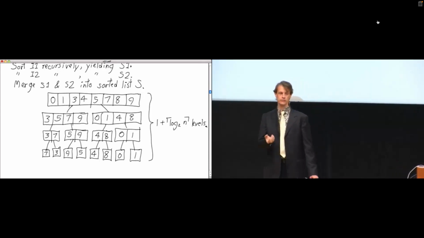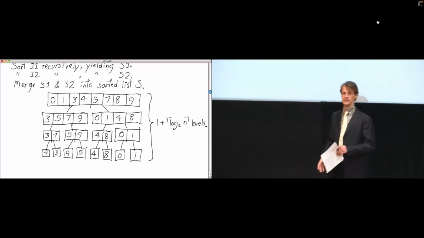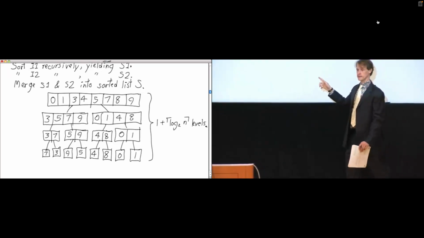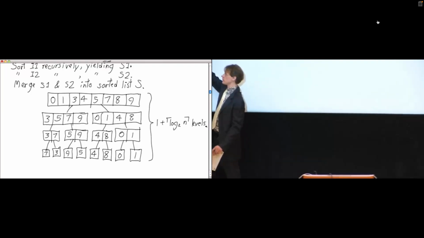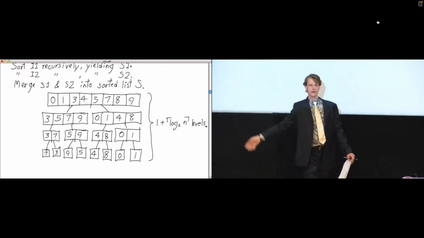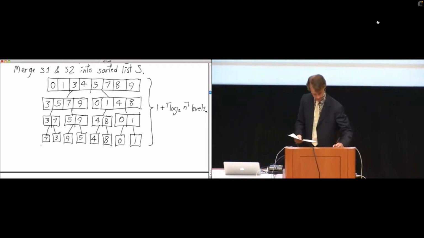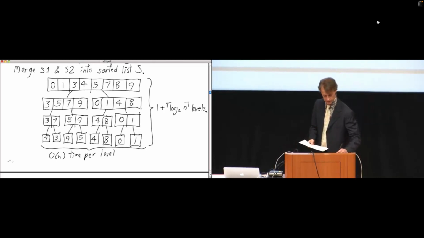The time it takes to merge two lists is linear time in the sizes of those lists. As you go down the tree, you get more and more lists, but the lists are smaller and smaller. The total amount of work at each level of the tree is always linear work per level. And that is why merge sort runs in order n log n time.